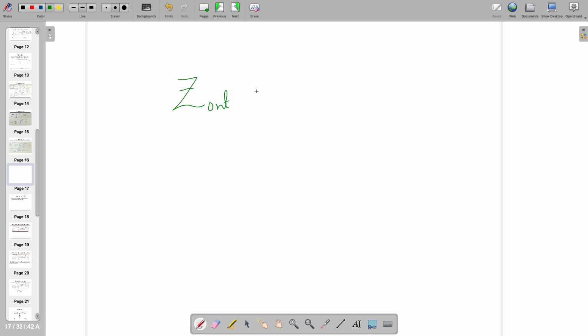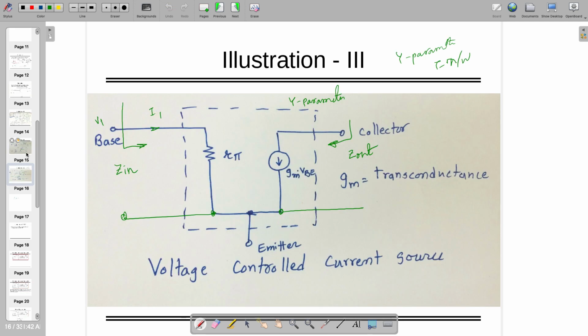Z out is equal to what value, by the way, are you going to see at the output side? When you are looking at the output impedance, what are you going to see?